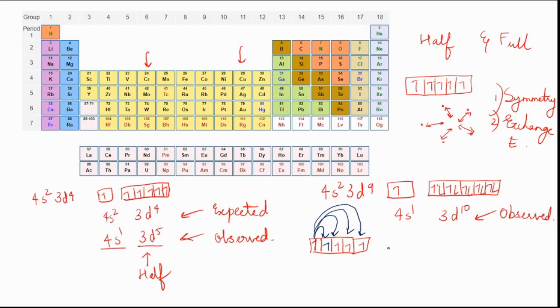So there are four such possibilities. Now if I consider the second electron, it can shift to third, fourth and fifth. The first we have considered already. So there are three possibilities for the second electron.